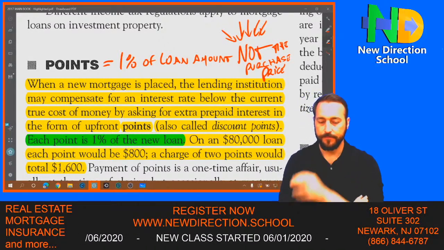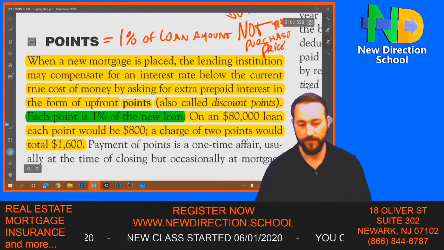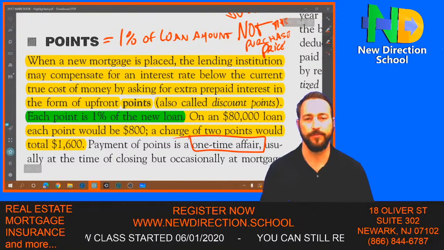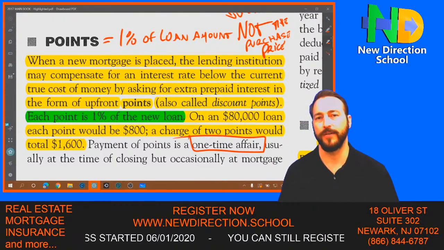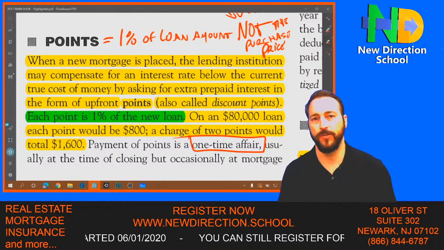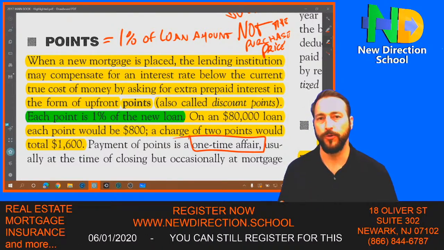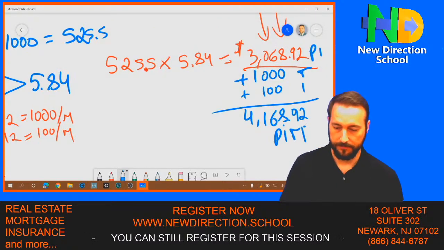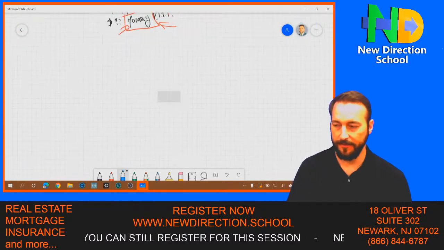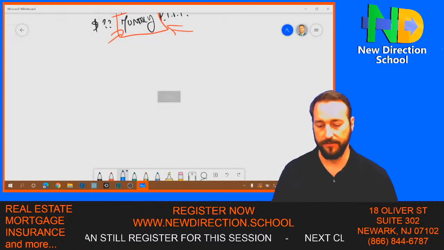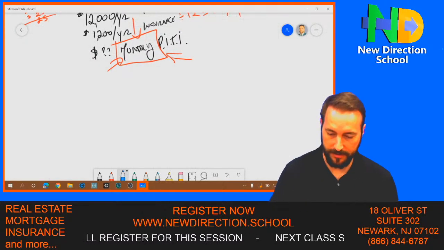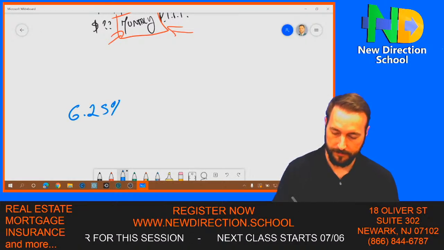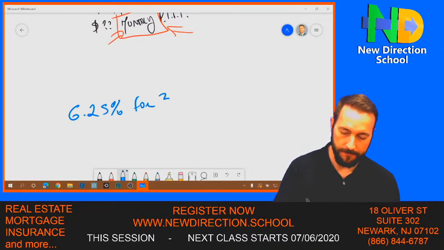So why do we pay points? First of all, it's a one-time thing. They charge points upfront at closing if you want. Why would we want to pay points? Let's say, and you guys already know how to calculate this, that the rate was 6 1/4 for 30 years.